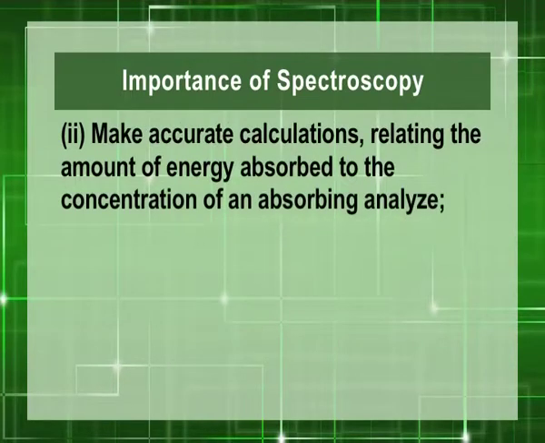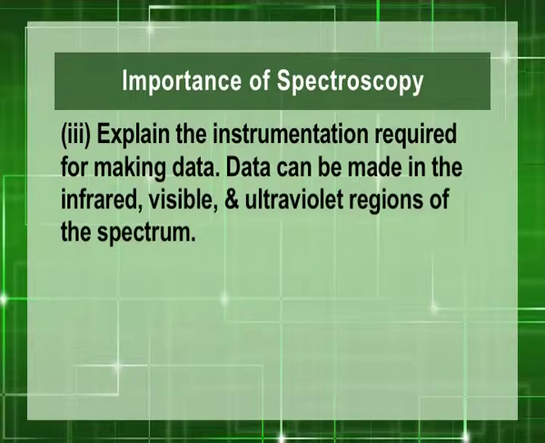Make accurate calculations relating the amount of energy absorbed to the concentration of an absorbing analyte, and explain the instrumentation required for making data. Data can be made in the infrared, visible and ultraviolet regions of the spectrum.